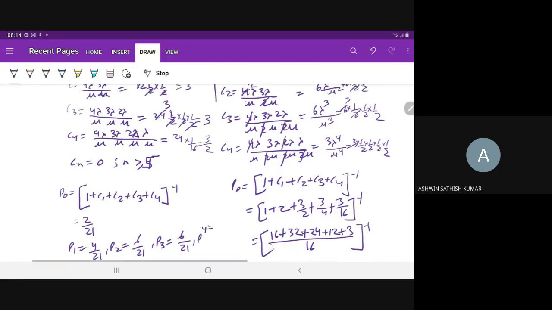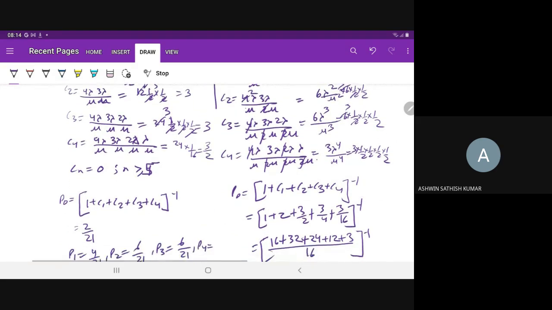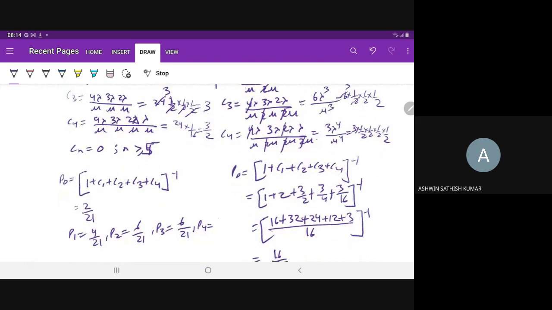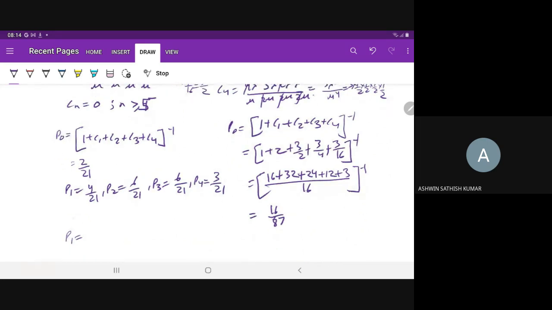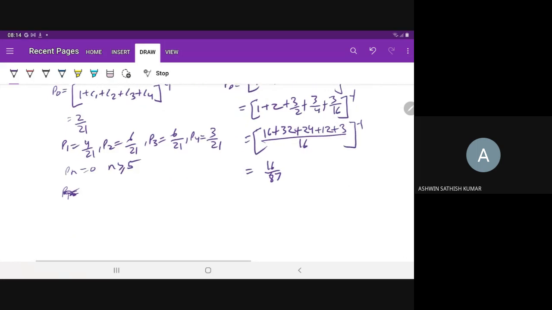And P4 is 3 by 2, so 3 upon 21. Right? And Pn is equal to 0 for n greater than or equal to 5. So we have computed the Ps for the s server.